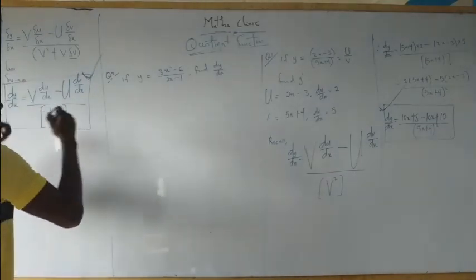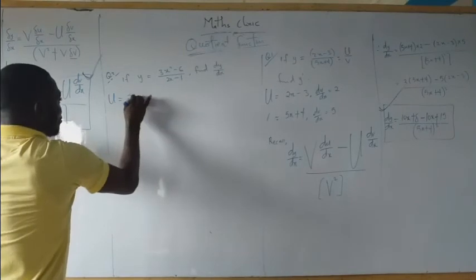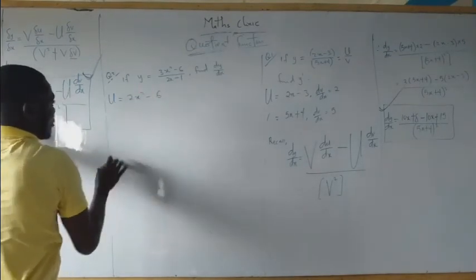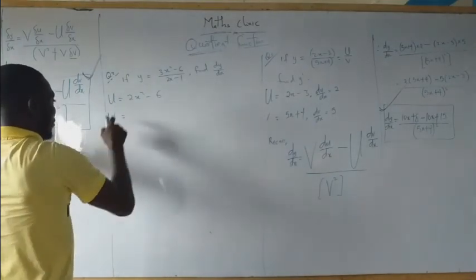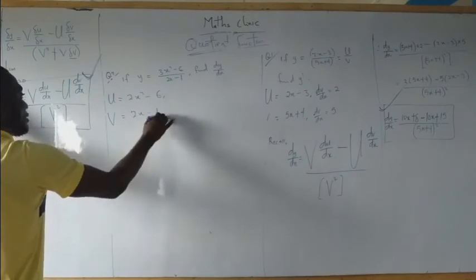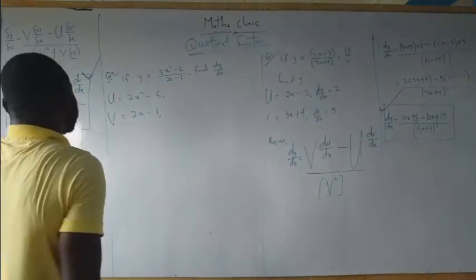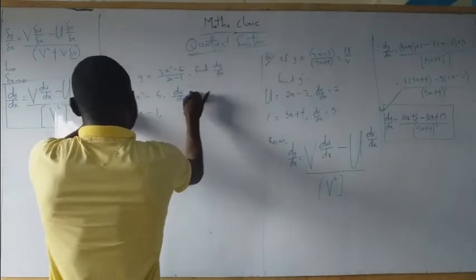We know that u is equal to 3x squared minus 6. Take note. v is always the bottom. The bottom is v, and the bottom is always 2x minus 1. Take note, very important. So we can have du dx.